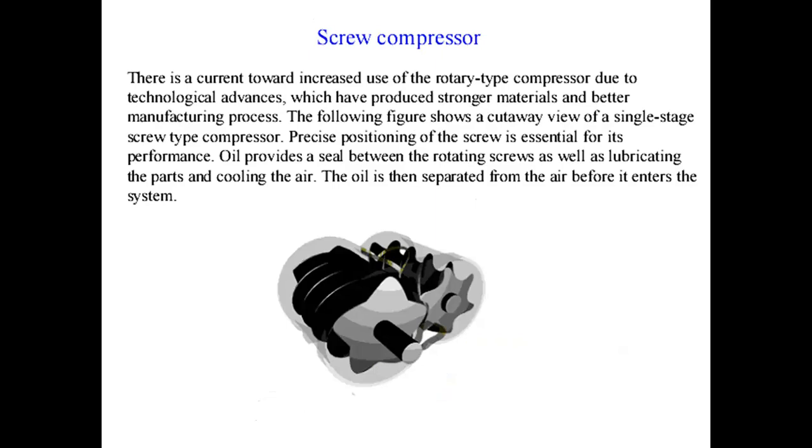Precise positioning of the screw is essential for its performance. Oil provides a seal between the rotating screws as well as lubricating the parts and cooling the air. The oil is then separated from the air before it enters the system.